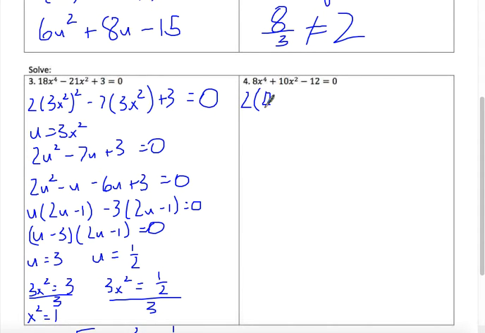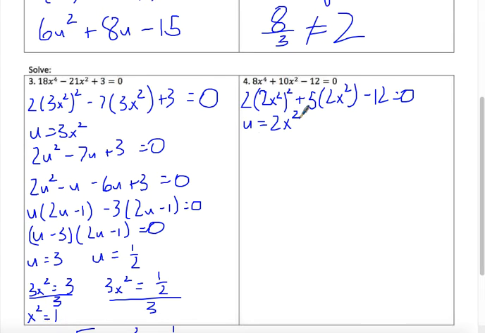2x squared plus 5 times 2x squared minus 12 equals 0. So here we're letting our u equal 2x squared.